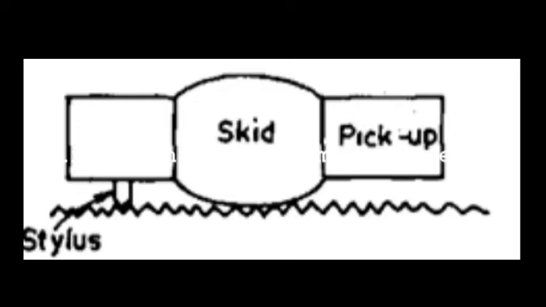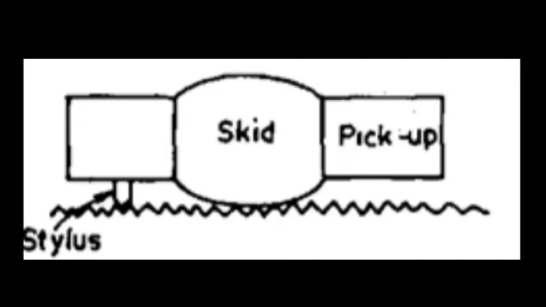If a finely pointed probe or stylus is moved over the surface of a workpiece, the vertical movement of the stylus caused by the irregularities in the surface texture can be used to assess the surface finish of the workpiece.